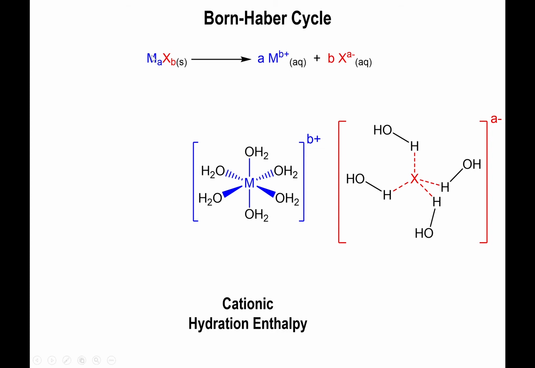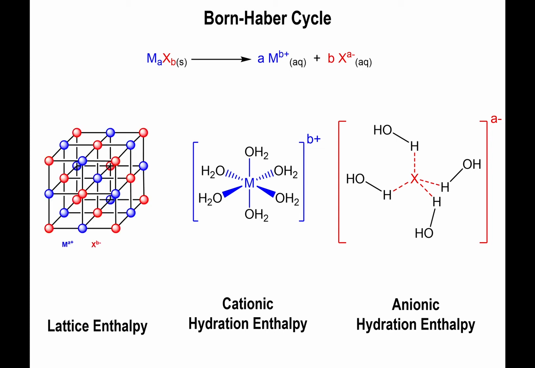So what I'm going to show you ultimately is how you can approximate the cationic hydration enthalpy and the anionic hydration enthalpy, and compare them to the lattice enthalpy, which is the energy that's holding the solid salt together, right?